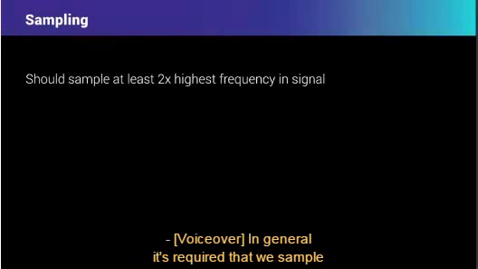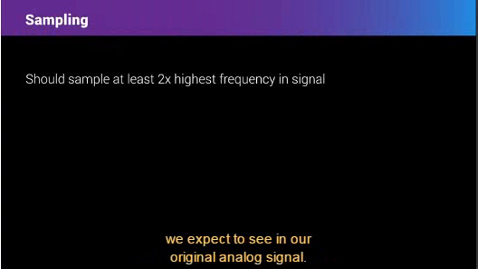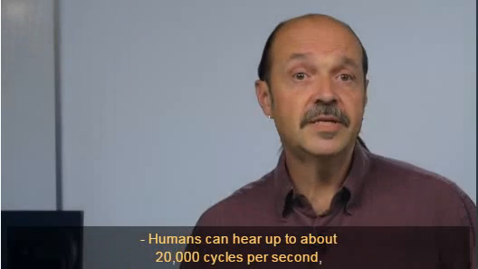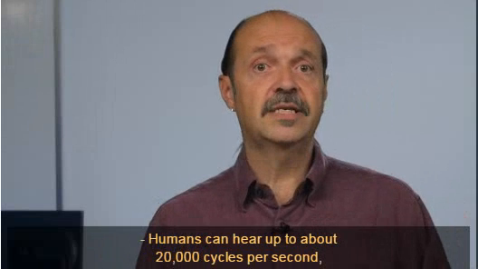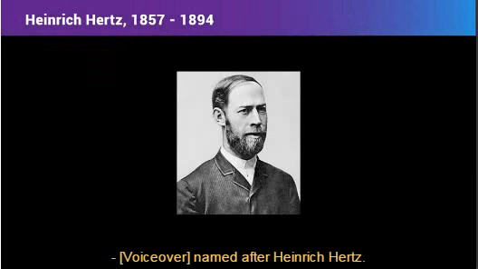In general, it's required that we sample at least twice as fast as the highest frequency we expect to see in our original analog signal. Humans can hear up to about 20,000 cycles per second, also called 20,000 hertz, named after Heinrich Hertz. 20,000 hertz is also called 20 kilohertz, which stands for thousands of hertz.